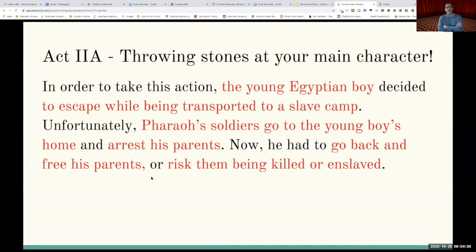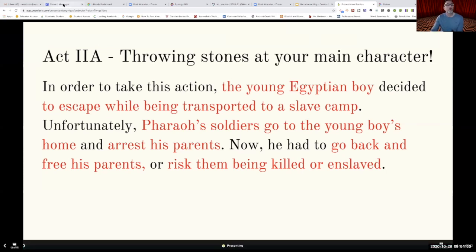Now he has to go back and free his parents or risk them being killed or enslaved. So that's where my story is at this point.